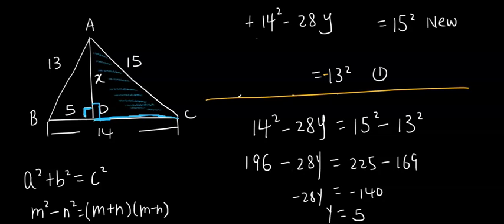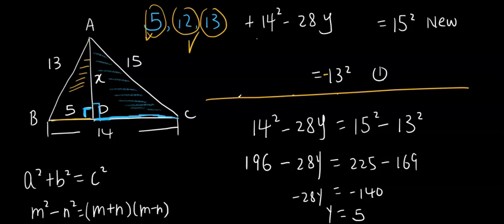Do you remember the Pythagorean triple, the three beautiful numbers for a right triangle? 5, 12, 13. So in this triangle, this leg is 5, the hypotenuse is 13, which means this missing length is 12.